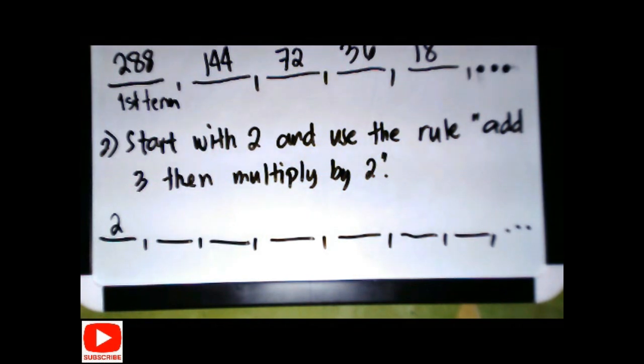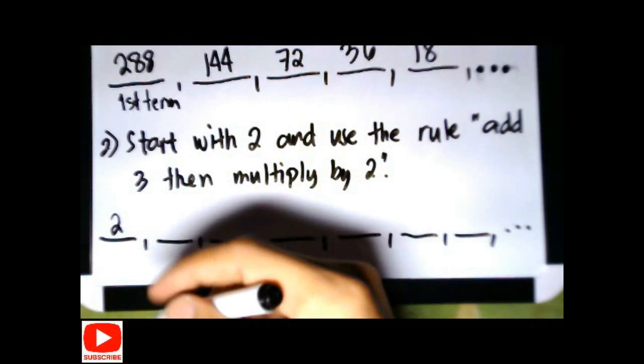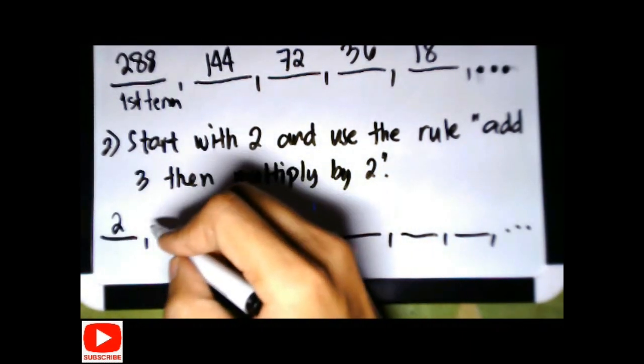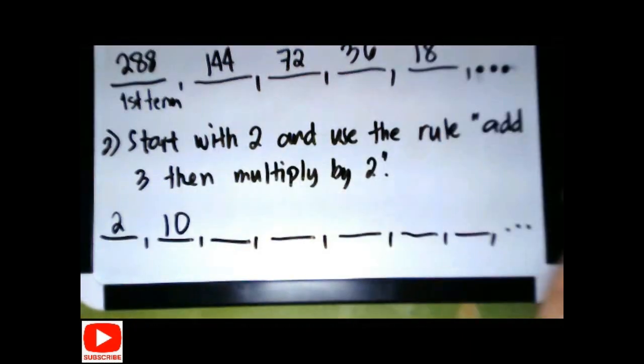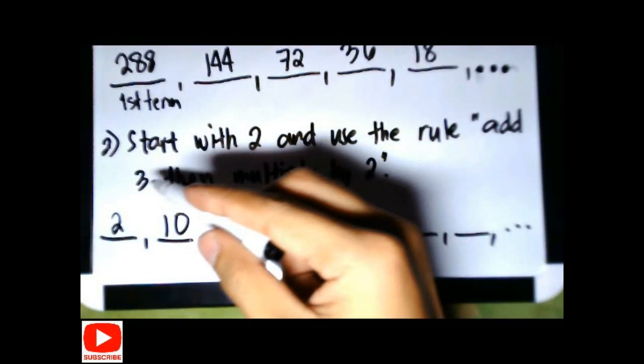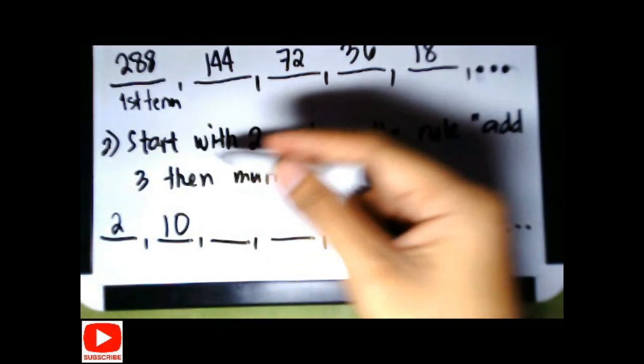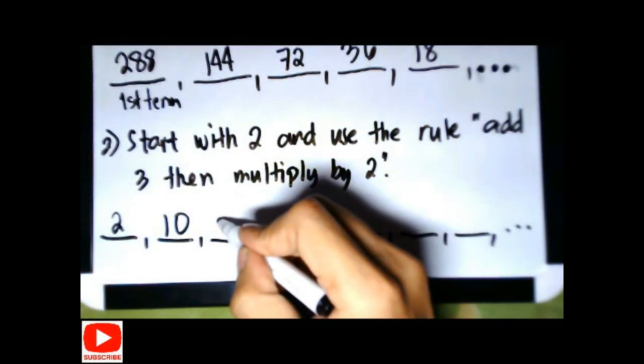Since the rule is we will add 3, then multiply by 2. So 2 plus 3, that is 5, times 2, that is 10. Next, 10 plus 3, that is 13, times 2, that is 26.